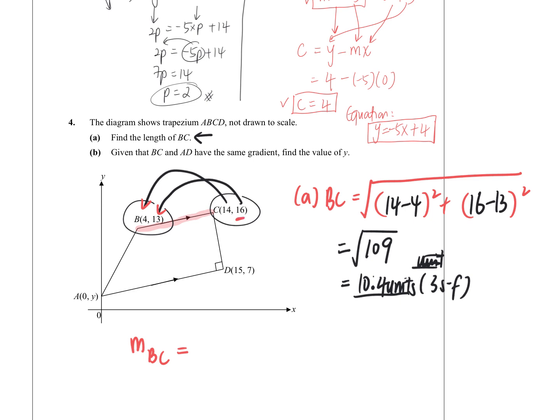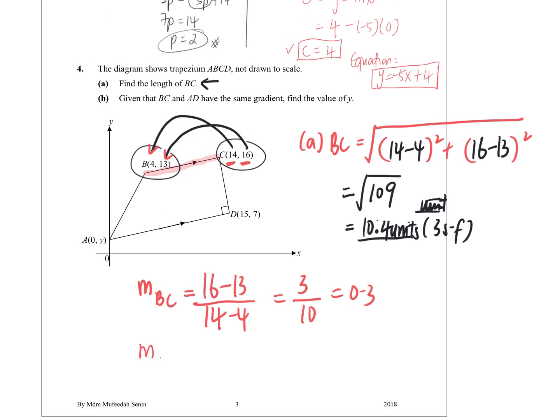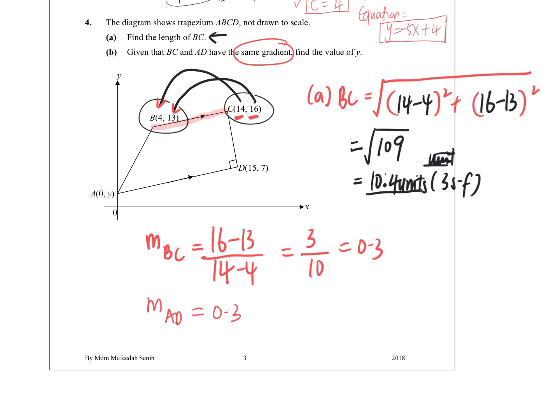Let's say this is y2, minus 13, over x2 minus x1, minus 4. So you get 3/10, which is 0.3. So the gradient of BC is 0.3, meaning the gradient of AD is also 0.3. That's what the question tells me. They have the same gradient, so using that I'm going to set up another equation because I want to find the gradient of this as well.